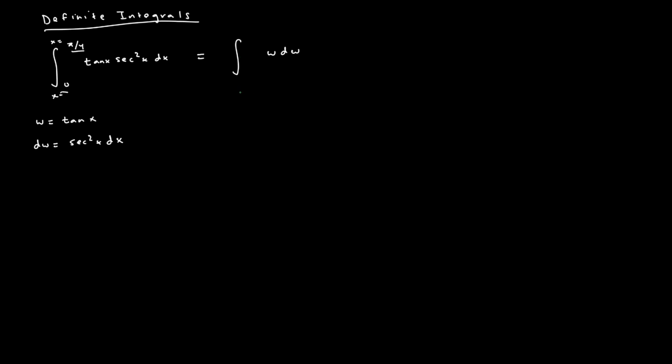We can find the formula for the integral of this and then proceed as we did before. So what I mean is we can ignore the limits for now, and we know that the integral of this is w squared divided by 2. And then when we resubstitute in the value for w, we get tangent squared x divided by 2, and then we evaluate it between 0 and pi over 4.